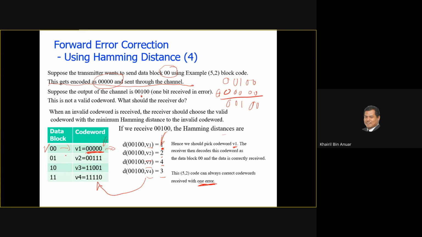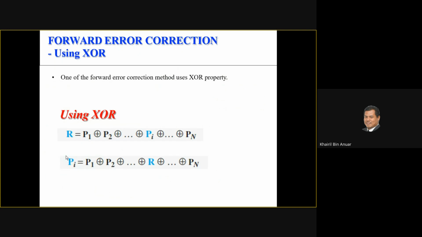So it is actually not efficient, but it will do for detection. And with this one you can use forward error correction using XOR, meaning you can do the XOR and detect whether there is any error or not from those messages, right?